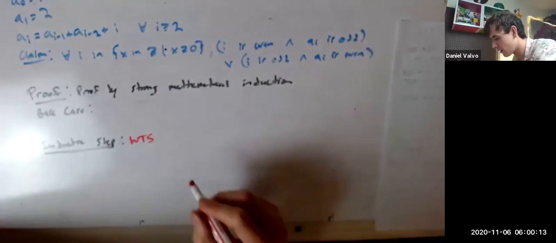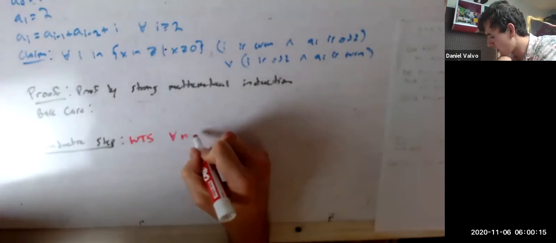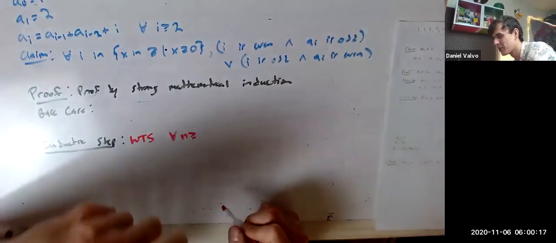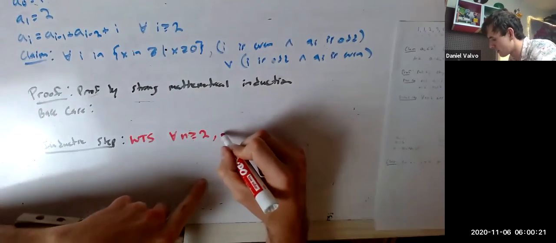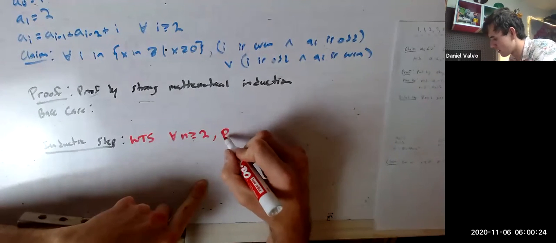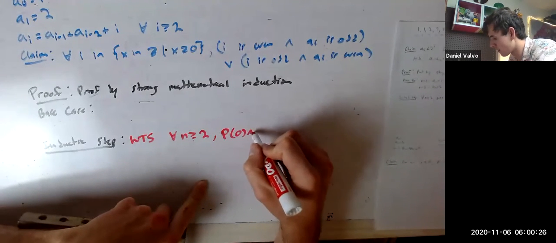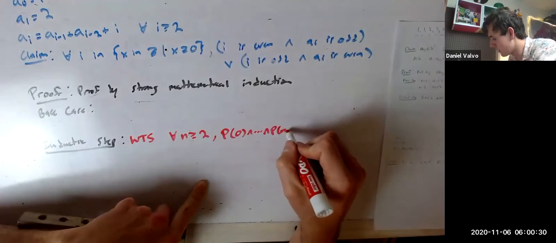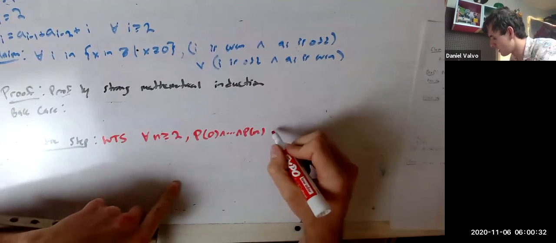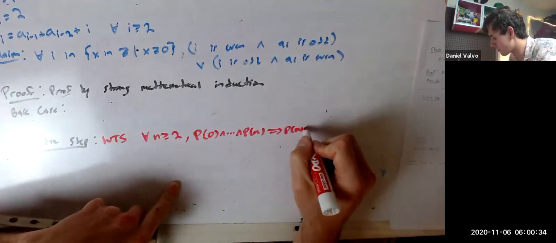We want to show that for all n greater than or equal to, I'm going to say 2, P of 0 all the way out to P of n implies P of n plus 1.